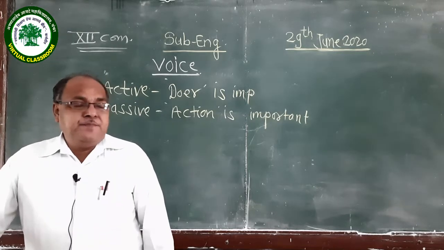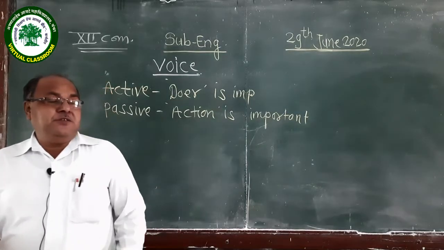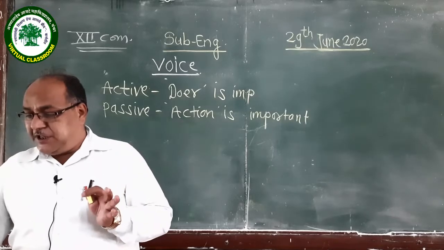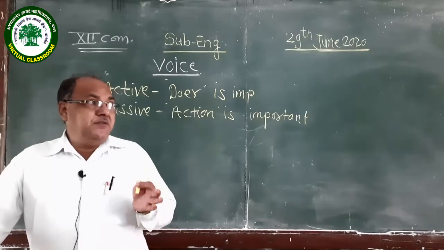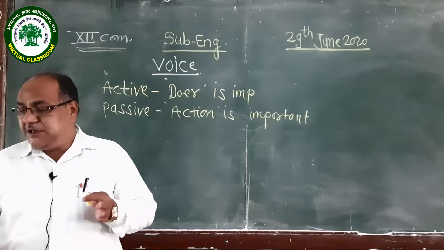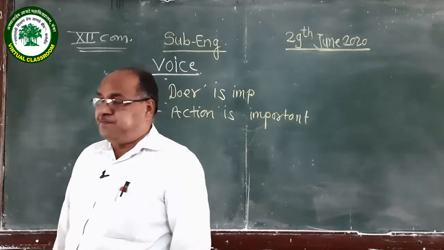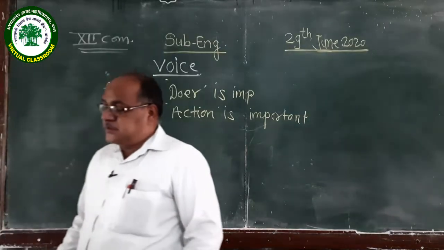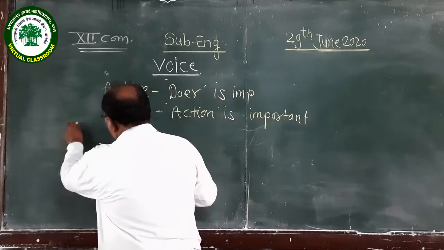In the voice section, if the given sentence is in simple present tense, simple past tense or simple future tense, while turning it into the passive voice, helping verbs of to be should be used.